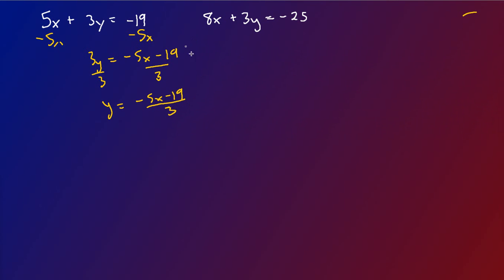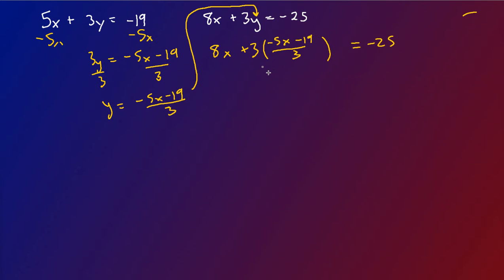It looks really nasty. I come back up here to this other equation. I'm going to replace y with that stuff. So I get 8x plus 3, parentheses, lots of stuff, that negative 5x minus 19 over 3. And this is why substitution can get really confusing, because you've got this big, long, nasty thing right here.